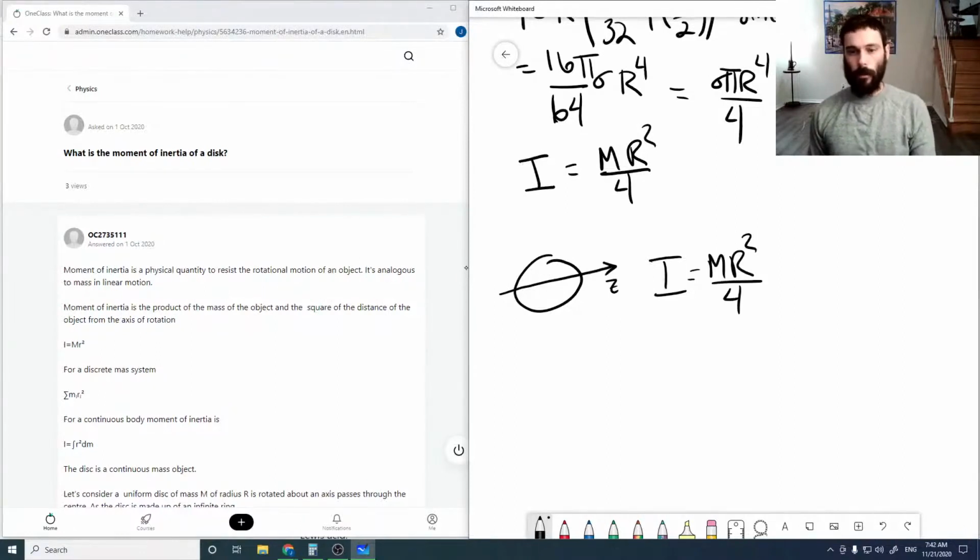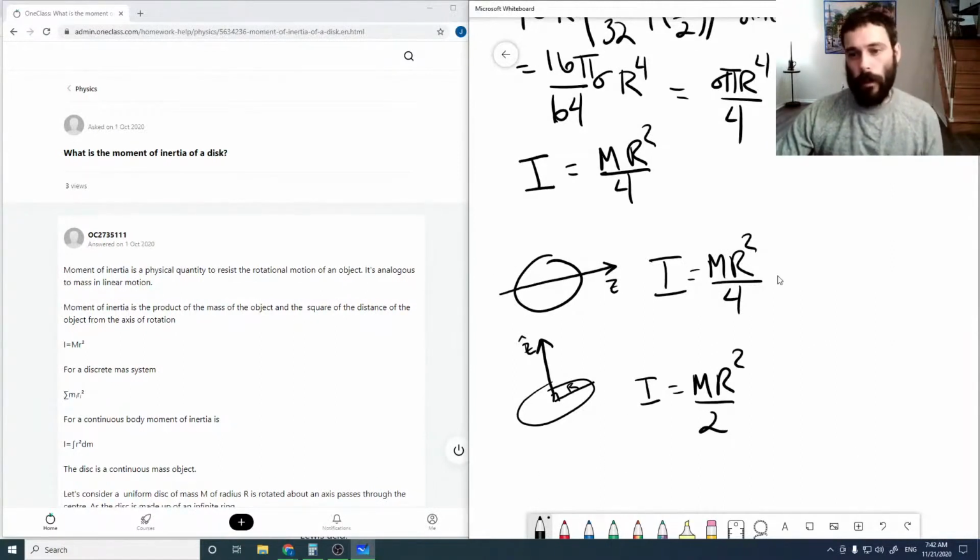And then we also considered a disk where the moment arm was perpendicular to the disk and running perpendicular to the radial line, and that was M R squared over 2.